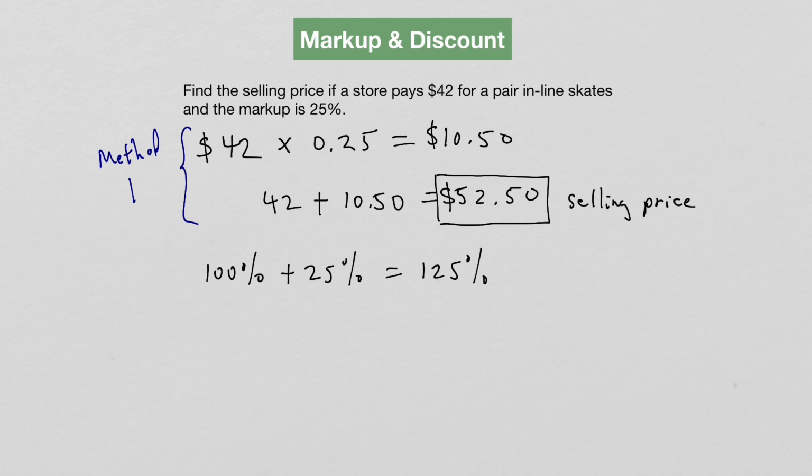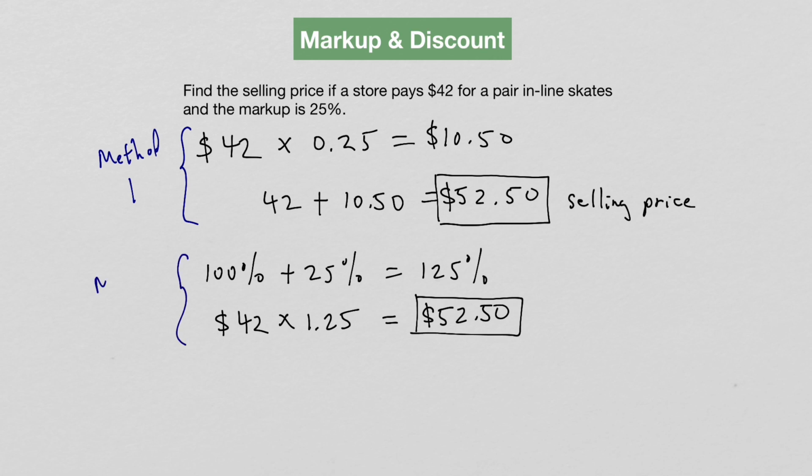Now that we have the total percentage, we can take the cost of $42 and we're going to multiply it by 1.25. So that's 125% converted into decimal. When we multiply 42 by 1.25, we get the same answer of $52.50. Okay, so this would be method 2.